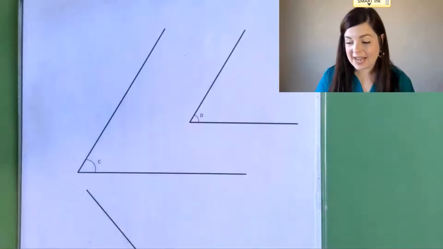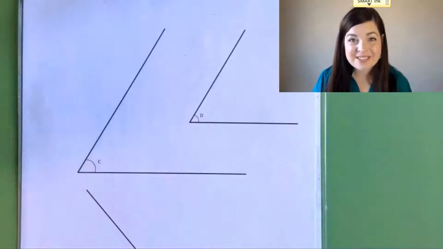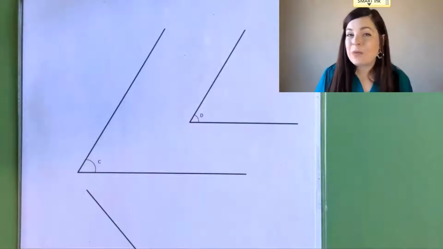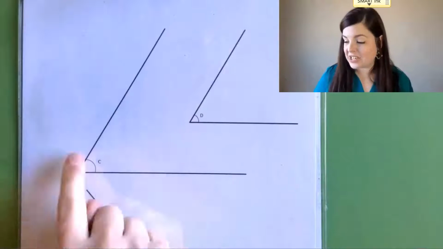Now let's take a look at angles C and D from your practice sheets. What kind of angles do you see? Right, they're both acute angles. And what do you notice about the arc length in each angle?